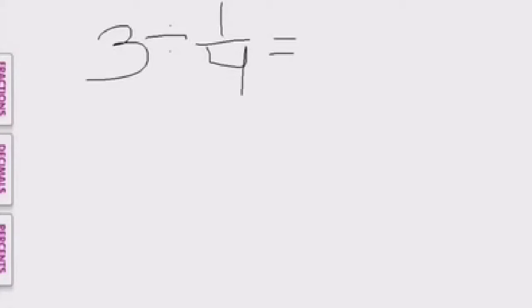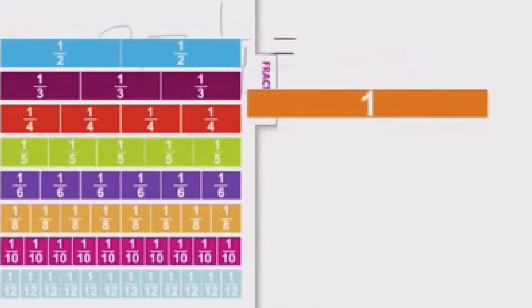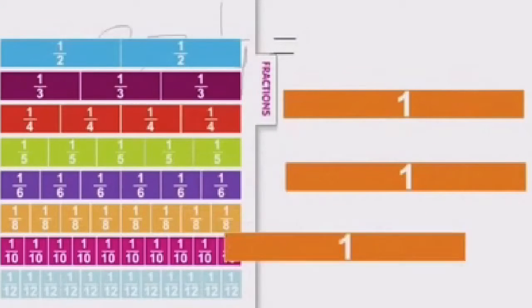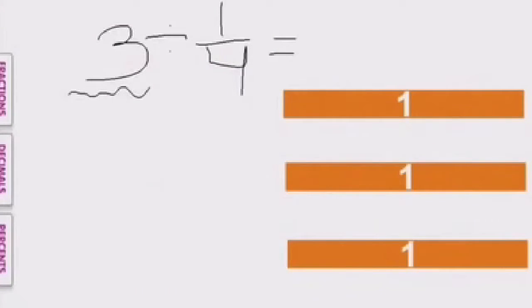Remember, step 1 when using a model is to model our first number, or in other words, our dividend, which is 3. So I'm going to select the fraction tab and pull out 3 of the 1s to model my 3. Okay, that's step 1.